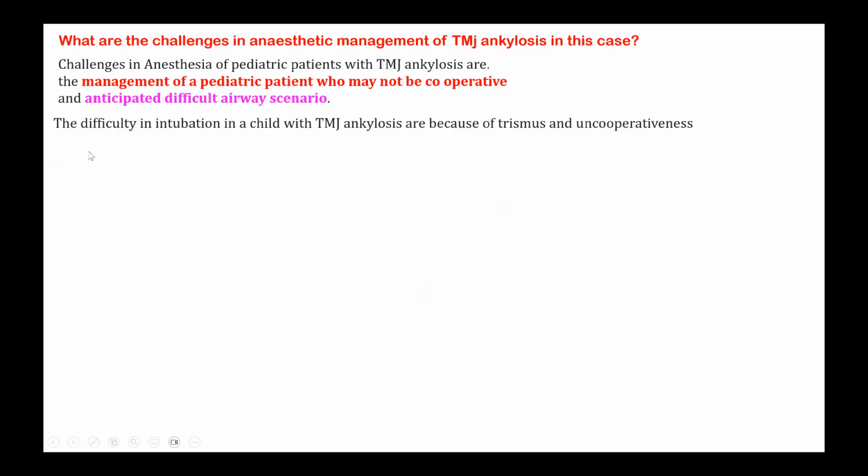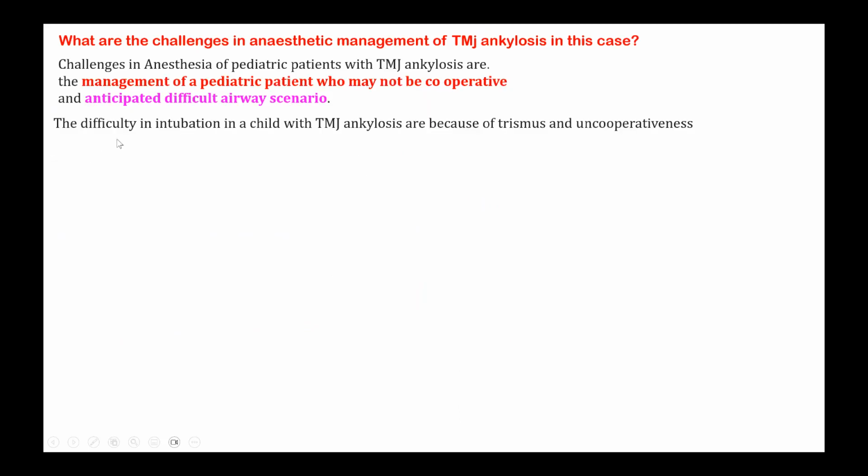Now the challenges in this particular case are, first, the management of a pediatric patient, a 5-year-old boy, who may not be cooperative. The second is the anticipated difficult airway scenario. These are the two challenges that you have. So how are you going to manage this?